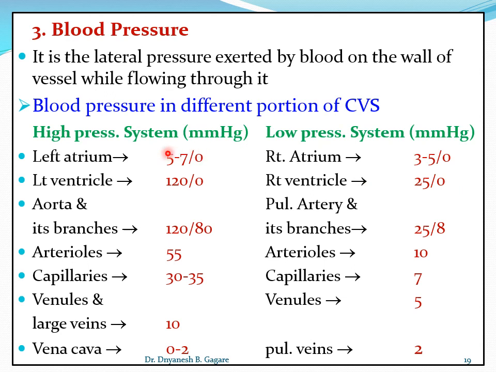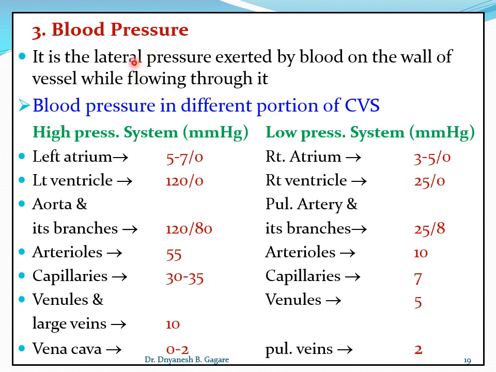Now, students, coming to the next point, we are entering into the third important parameter, that is blood pressure. In hemodynamics we are studying blood flow, blood pressure, and resistance to blood flow. Up to this point we studied blood flow and resistance to blood flow.